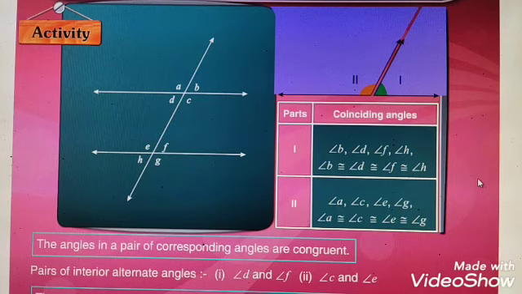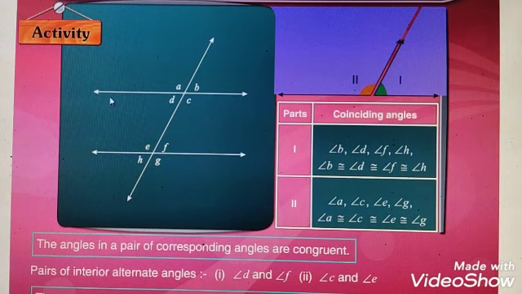Now let's see the pair of interior alternate angles. What is meant by alternate angles? Alternate angles are the angles which draw the shape of a Z. See here, a Z is formed. Again here a Z is formed.